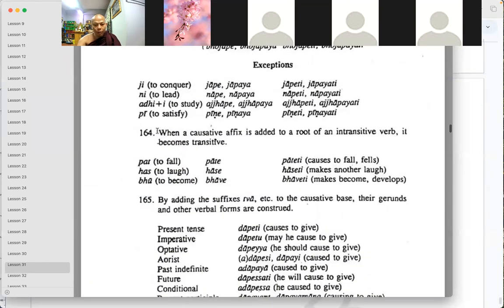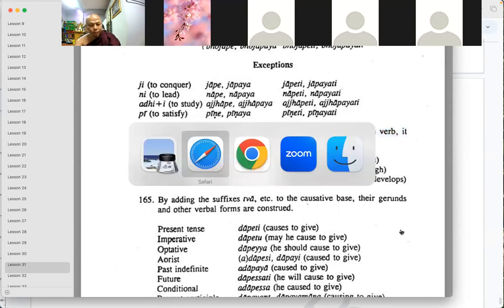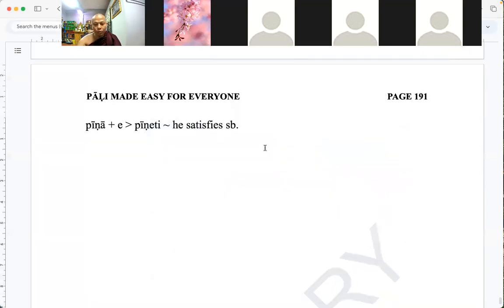So, according to the book, when the causative suffix is added to the root of an intransitive verb, it becomes transitive. Okay. This formula we also need to know. An intransitive verb doesn't need the object.